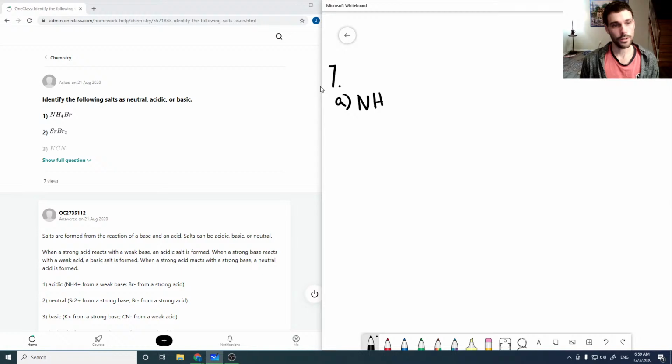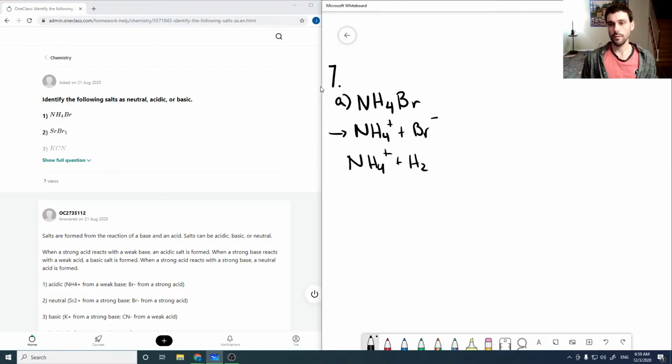Okay, so the first one is NH4Br. This is going to completely dissociate into NH4 plus and Br minus. NH4 plus is a weak enough acid that we're going to get H3O plus.